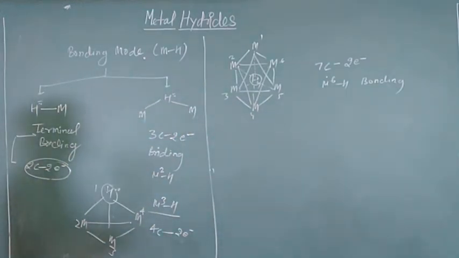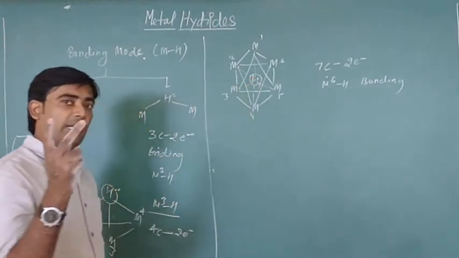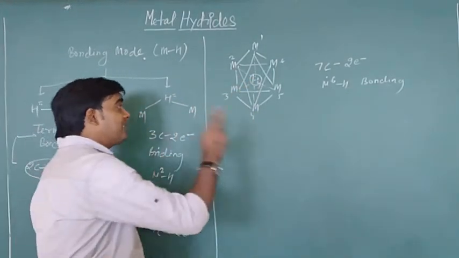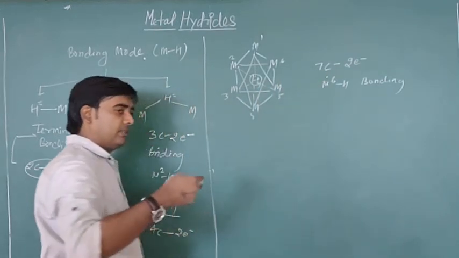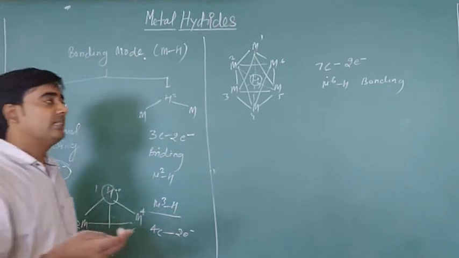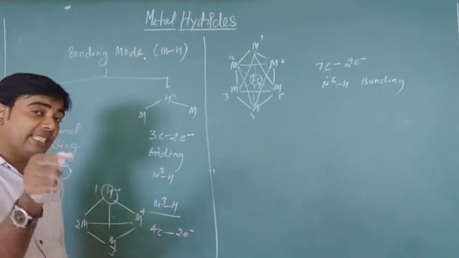You just need to remember that the hydride involves only 2 electrons, and as the number of center atoms involved increases, the electron availability due to the hydride will decrease.